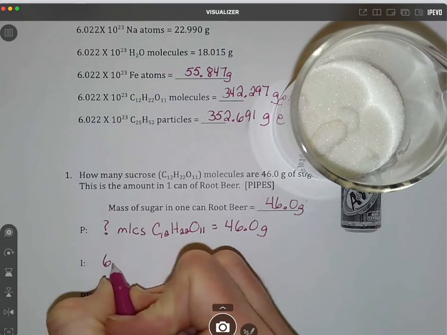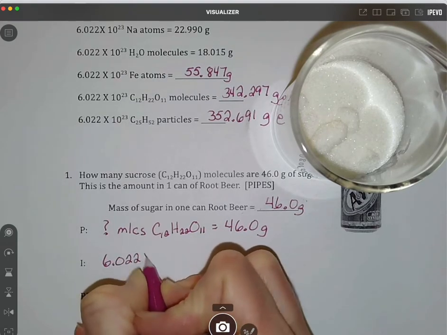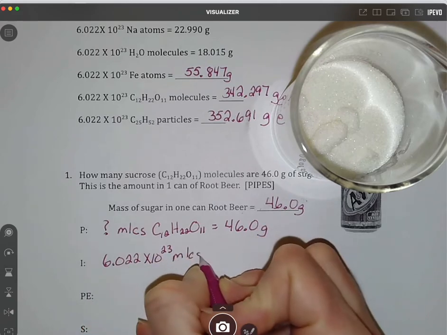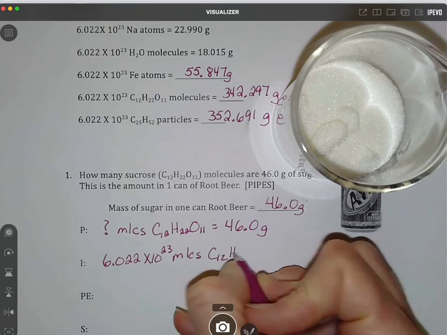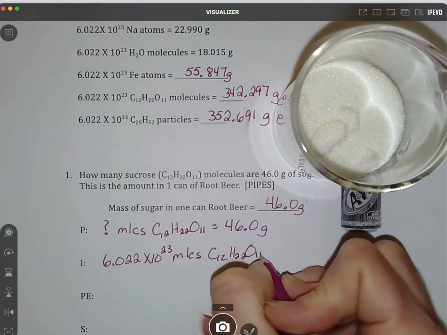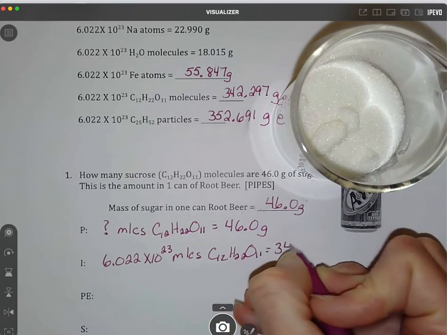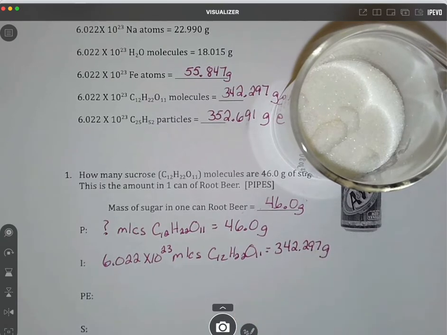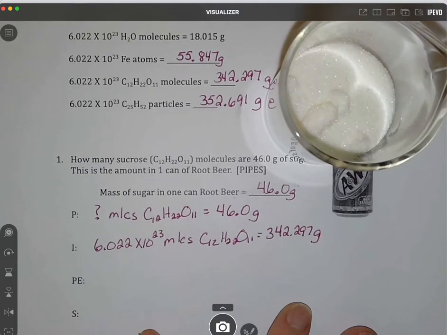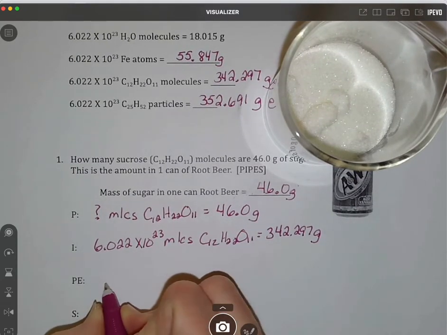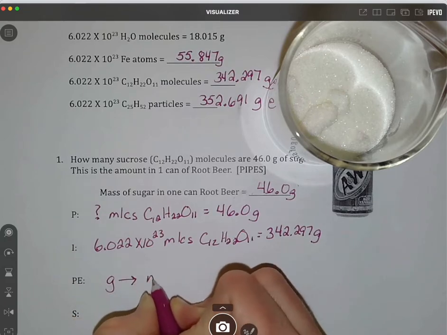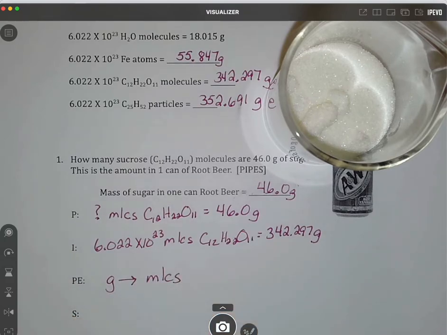So 6.022 times 10 to the 23rd molecules of C12H22O11 would weigh 342.297 grams. So I know I have fewer than that. And now we have this nice shortcut that lets us go from grams directly to molecules.